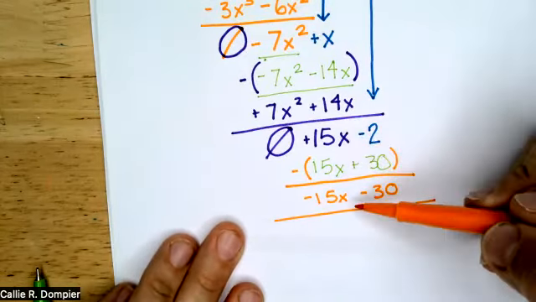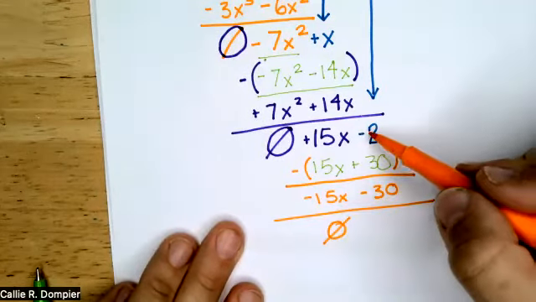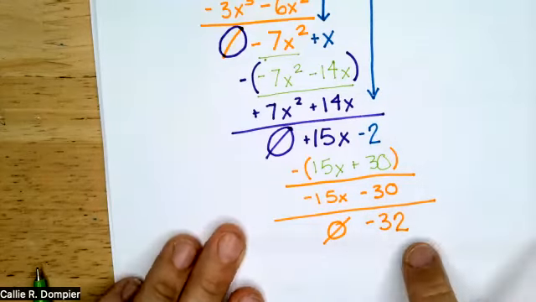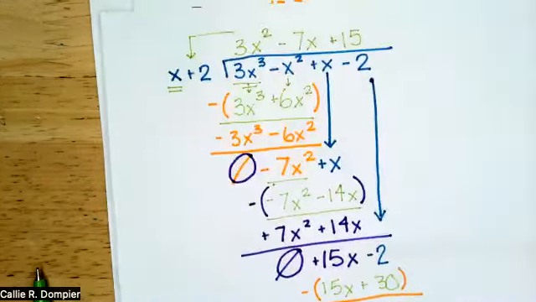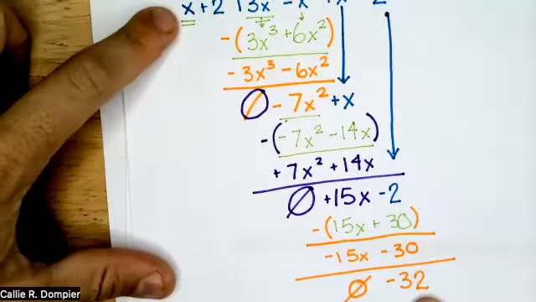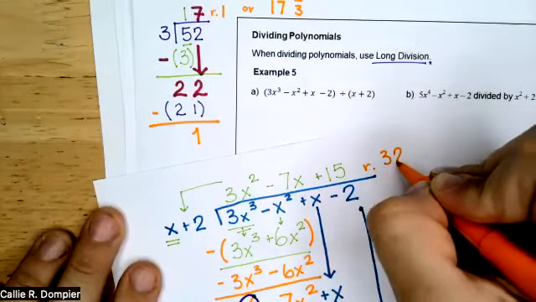So positive 15x minus 15x, another 0. Negative 2 minus 30, negative 32. I can't go any further. And x won't go into 32 at all. So I say remainder 32.